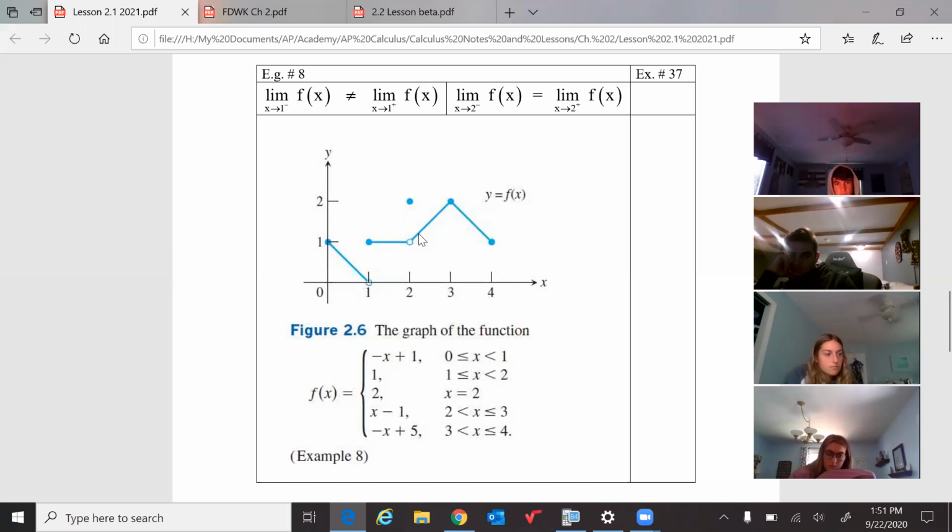At 2, the limits are equal, but they're not equal to the value of the function. And as x goes to 3, all 3 things are equal. The limit from the left, the limit from the right, and the value of the function. So I'm leaving that up there. That's your model.